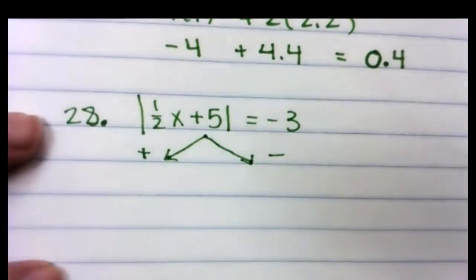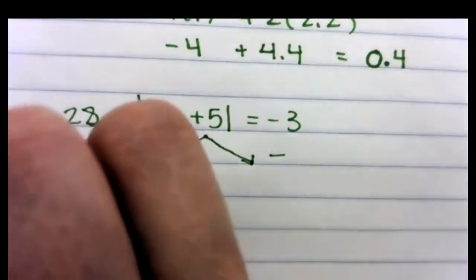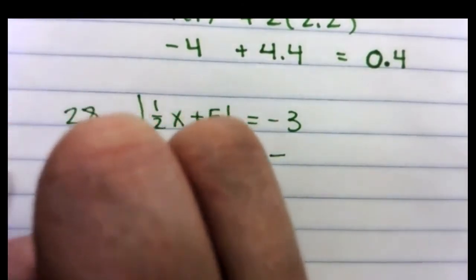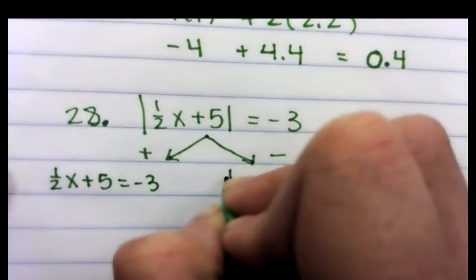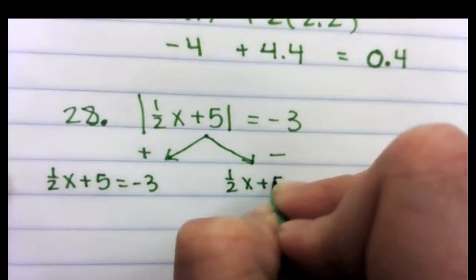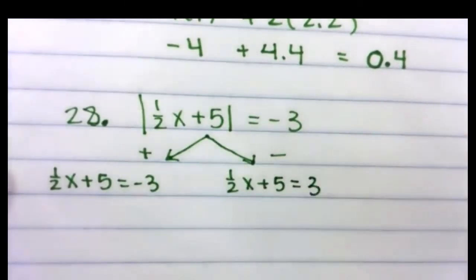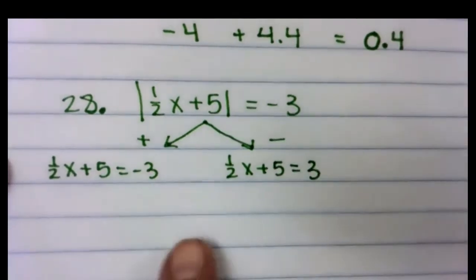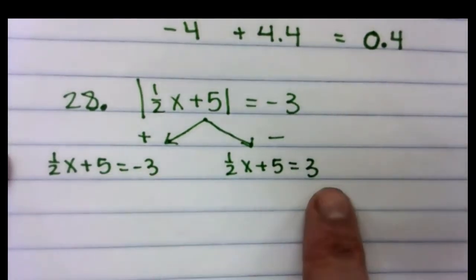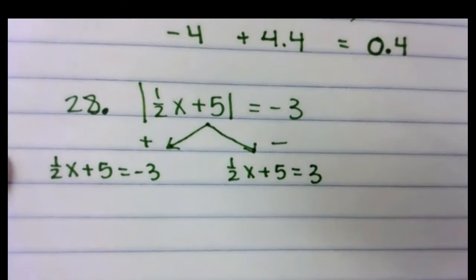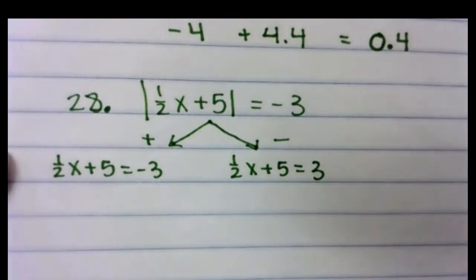We're going to split to a positive and a negative side. So we have 1/2 x plus 5 equals negative 3, and 1/2 x plus 5 equals positive 3.